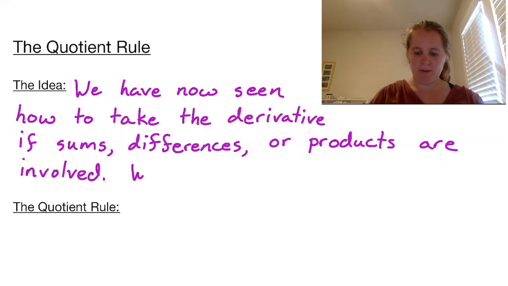So next up is, what about if there are quotients?